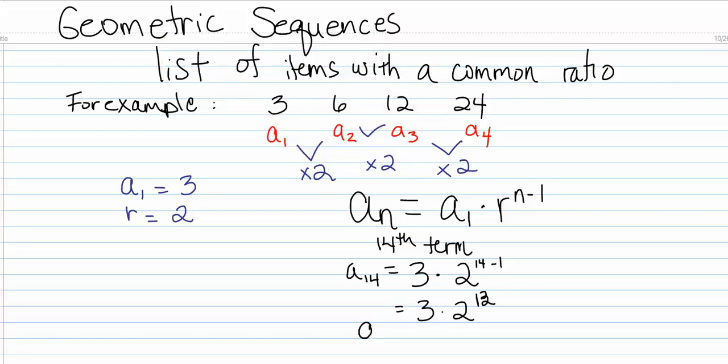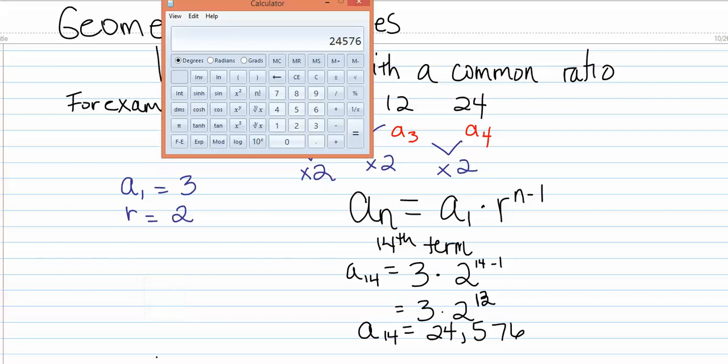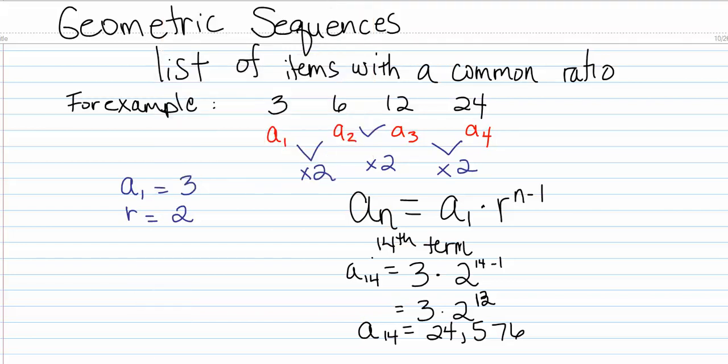So the 14th term is 24,576. Now, wow, that's only the 14th term. You might be surprised, but remember, we're multiplying. Every number got doubled every time we did it. So that is going to cause these numbers to jump up to high numbers pretty fast.